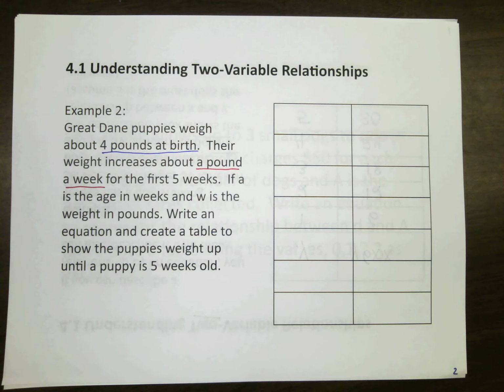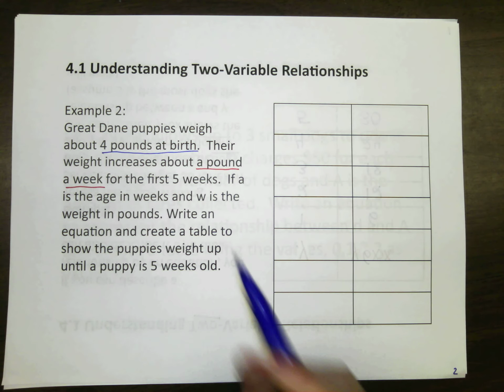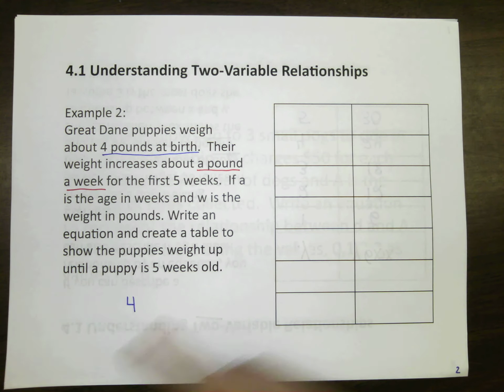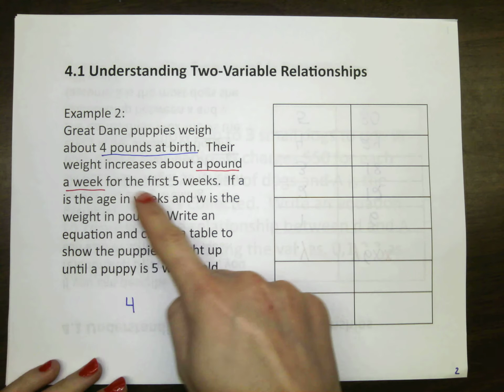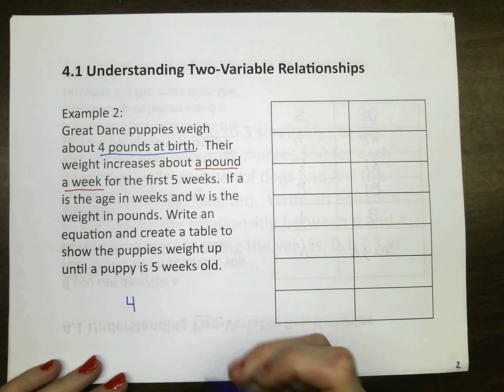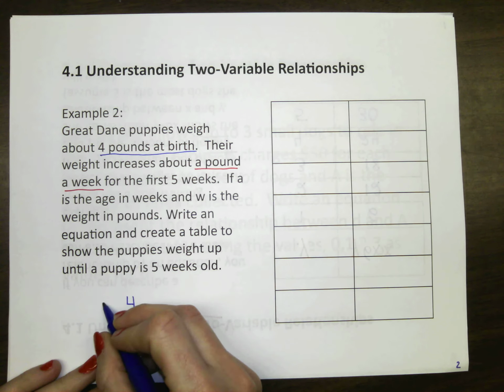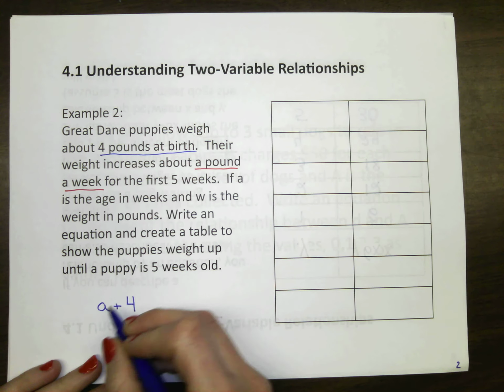In this case, they didn't give us the equation, but they told us about it. The first thing they told us is that it weighs 4 pounds at birth. Then they also told us it gains a pound a week for the first 5 weeks.